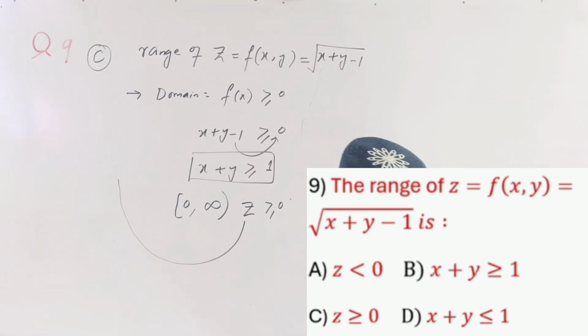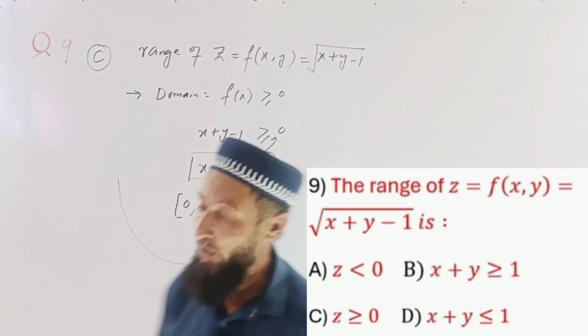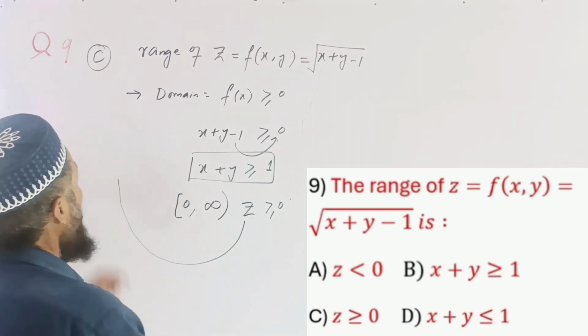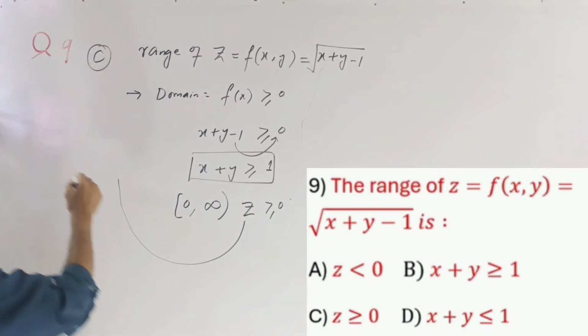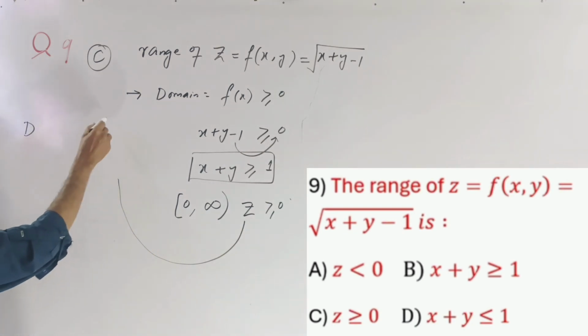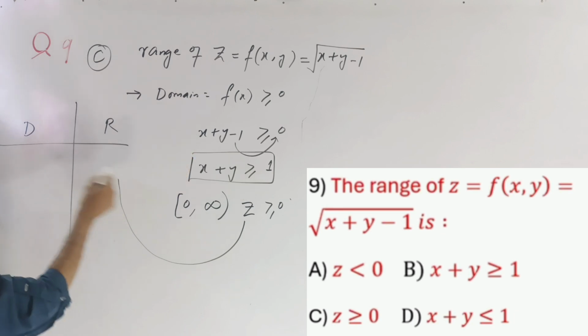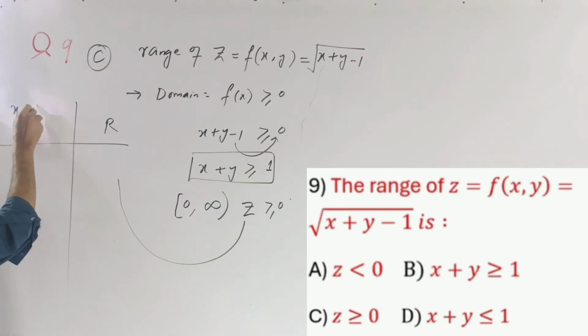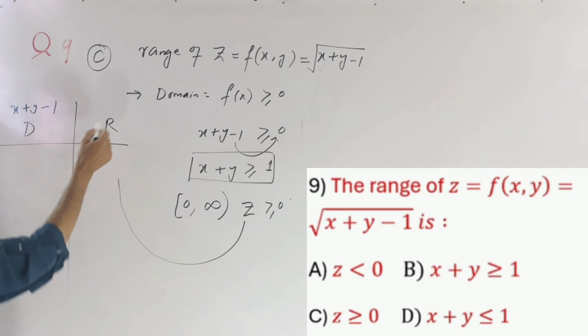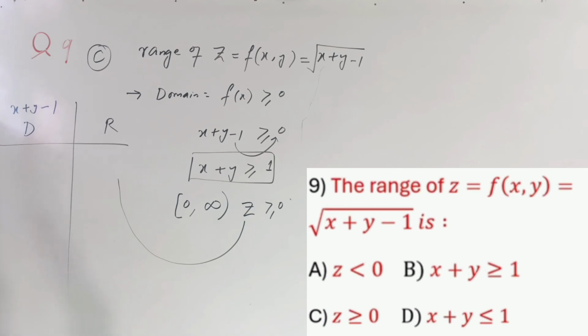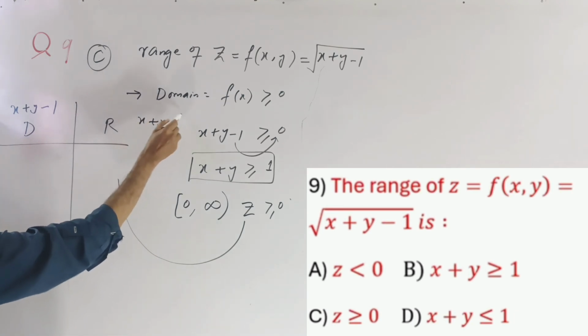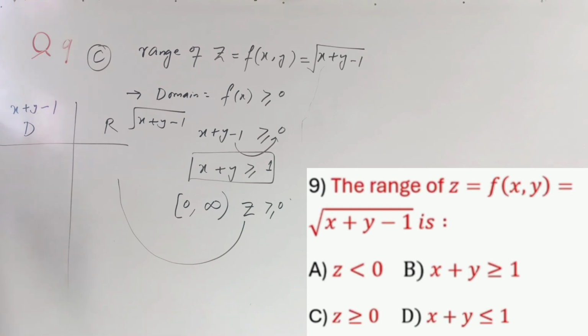Because if we draw the relation function, we can also draw the domain. This is the domain and this is the range. The function is x plus y minus 1, and its range is required.